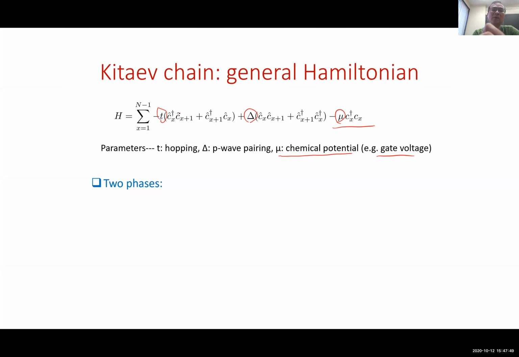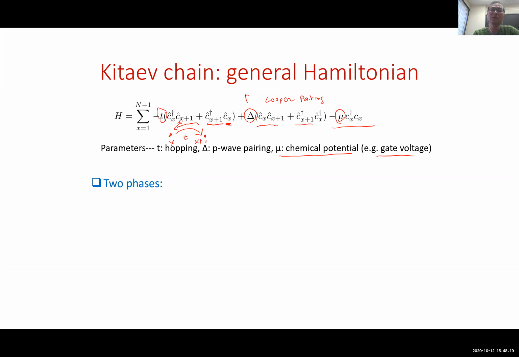T is the hopping, meaning that an electron can hop from x to x plus 1 or vice versa. So, for example, this represents you annihilate a fermion at site x, and then you create a fermion at site x plus 1. So that means it's a hopping. Okay. And they all have strength t.